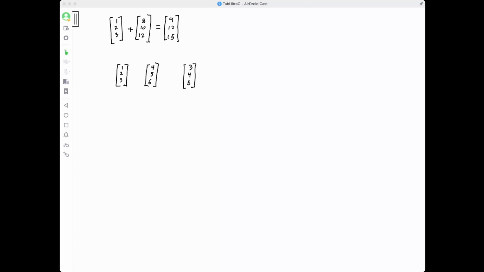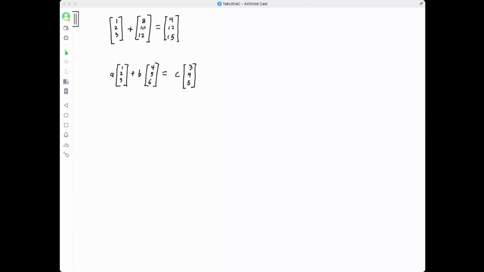What I can do, though, is say, let's take A times the first vector plus B times the second vector and say, can I make that equal C times the third vector? So are there three scalars, A, B, and C, where I can make this equation true? If so, then I can build that third vector, 3, 4, 5, out of the first two vectors.